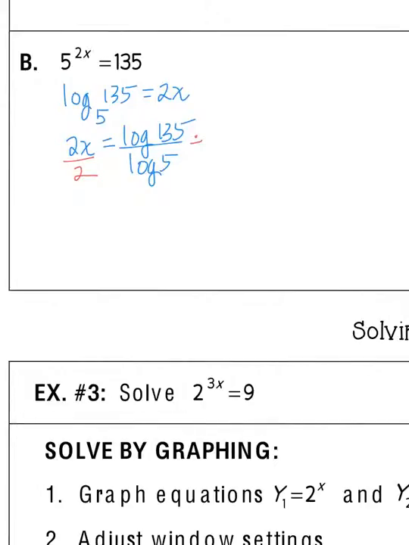And I actually can put this in the calculator exactly as you see it, which is what I'm going to do. And I get approximately 1.52. Since my variable's in the exponent, there's no restrictions on it.